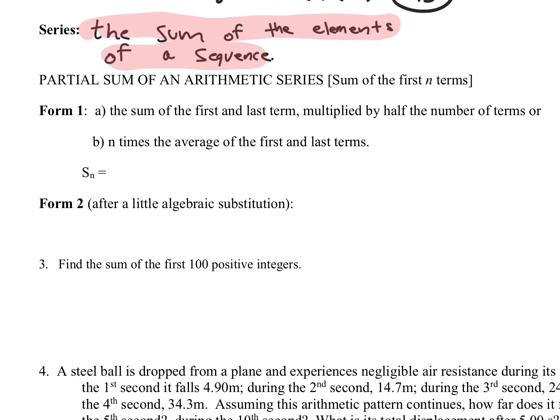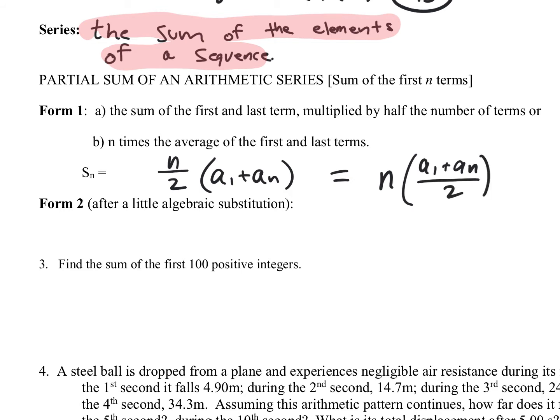I would take the sum of the first and the last term, which would be a1 plus an, and then multiply it times half the number of terms, n over 2. Or we can think about this as the same as n times the average of a1 plus an, as you see here. Either way, we end up with the same result.